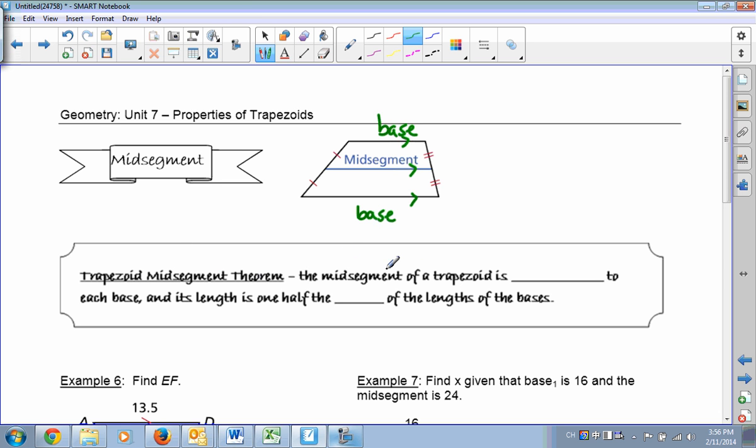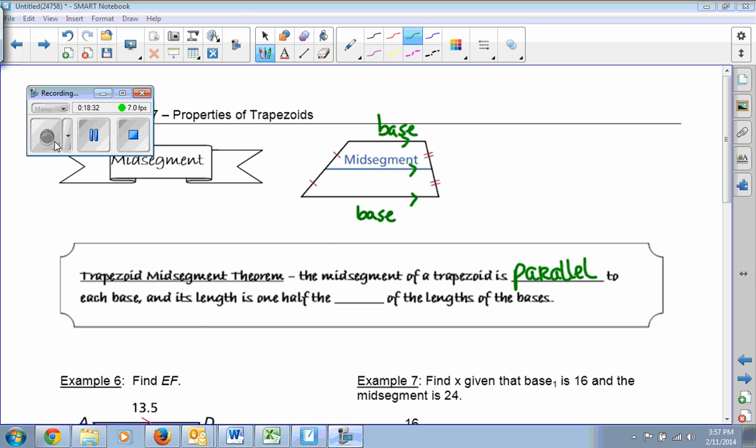The mid-segment of a trapezoid is what in comparison to each base? Parallel. Good. And how do you find the average of two numbers? Okay, so how do you find the average of any numbers?